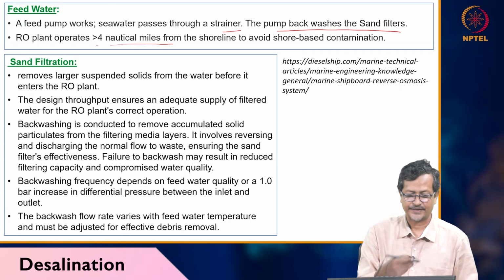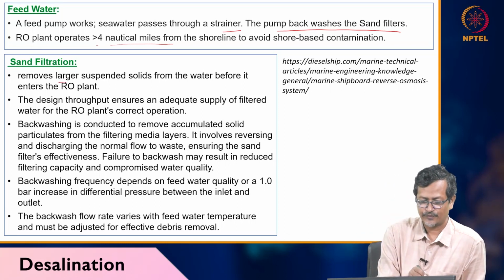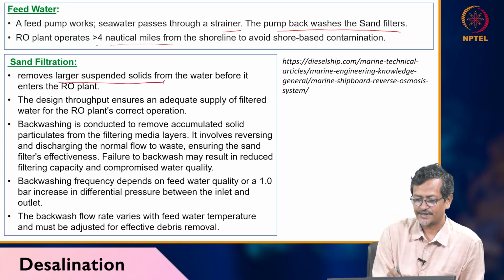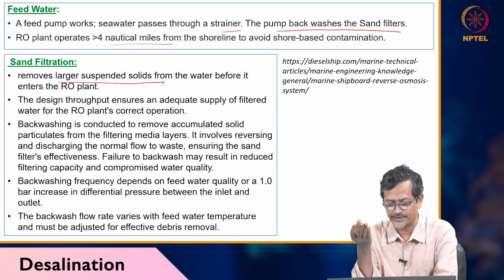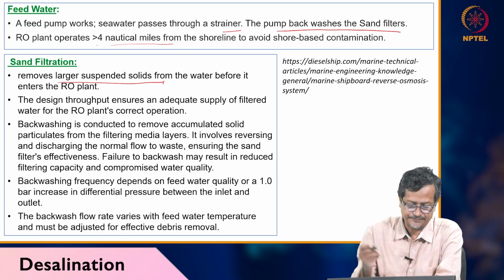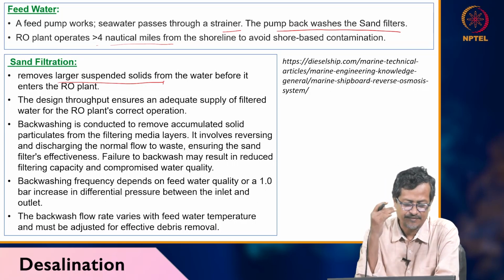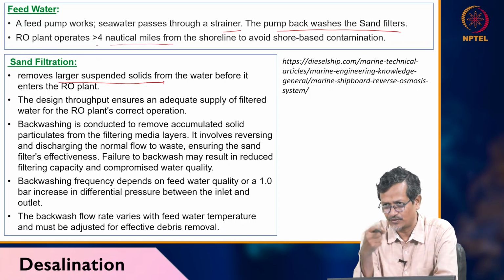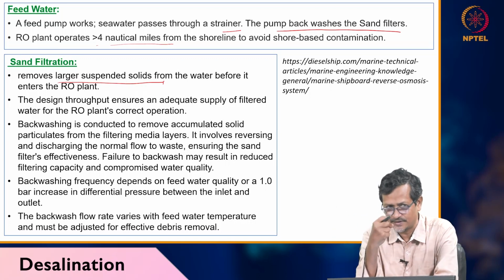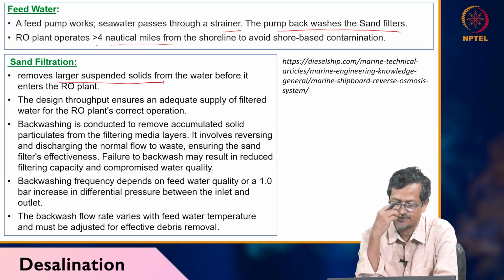Next there will be sand filtration, which removes large suspended solids. Very small suspended solids will be captured by your other filters, but the sand filter captures the slightly larger particles. Sometimes backwashing is done on the sand filter, where water flows the opposite way and cleans the sand filtration system.